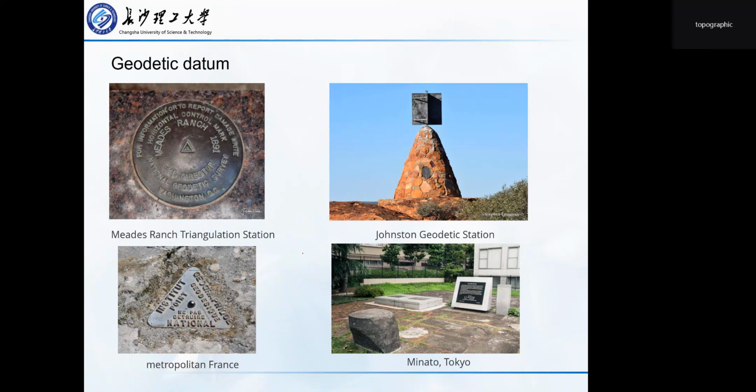Every country has its own, because they have to draw the contour maps of the country, so we need a geodetic datum to draw the elevation.